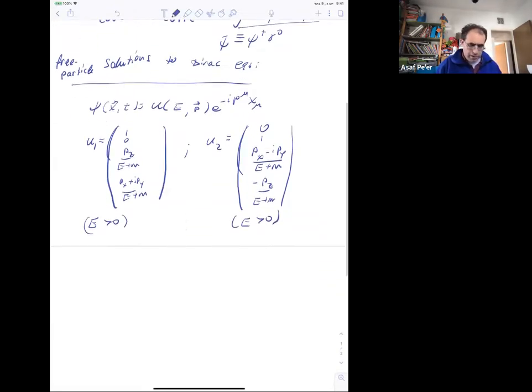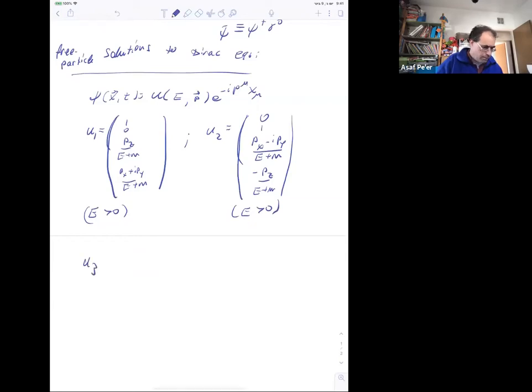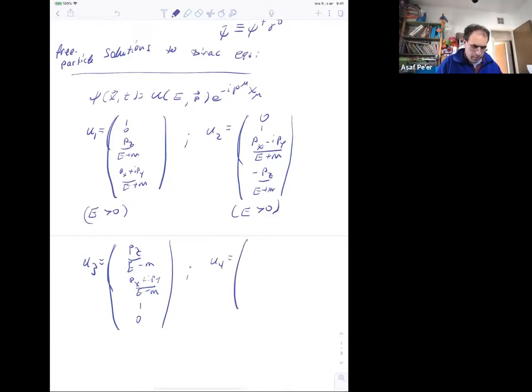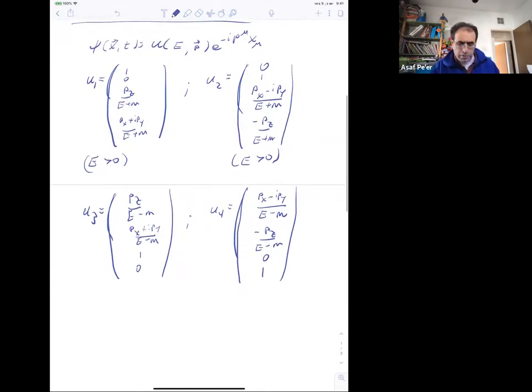And we had two solutions with negative energy. U3 has px plus i py over E minus m, and then a 1 and 0. And U4 is px minus i py over E minus m, and minus pz over E minus m, 0 and 1. So these are all solutions to the Dirac equation.